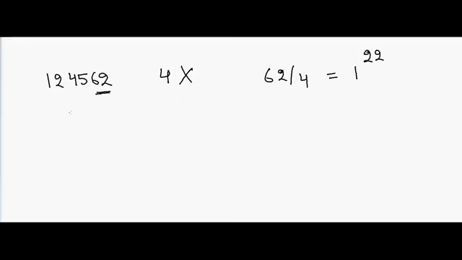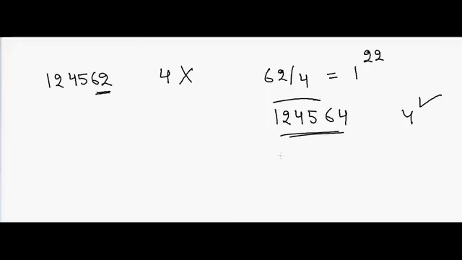So how can I modify this number? If I add 2 more at the end, so I make it 1, 2, 4, 5, 6, and make it 4 here, then this number should be evenly divisible by 4. And I can modify this number any way.